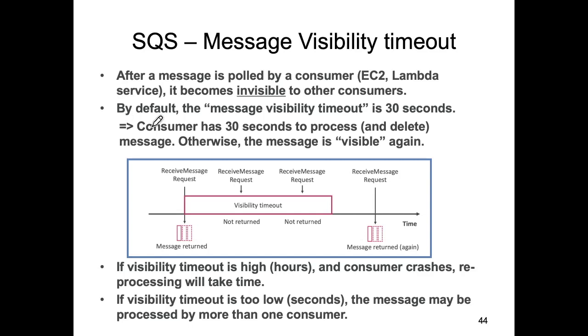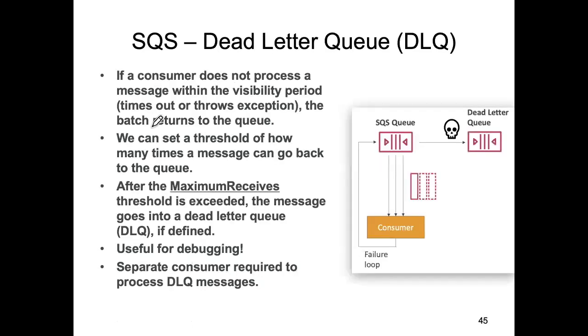If the processing time required on a message is longer, in real life you'd have to compute that, and you would change the visibility period accordingly. We won't really play around with visibility timeouts in this module anyway.